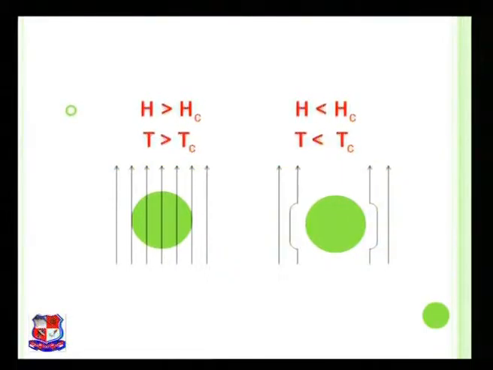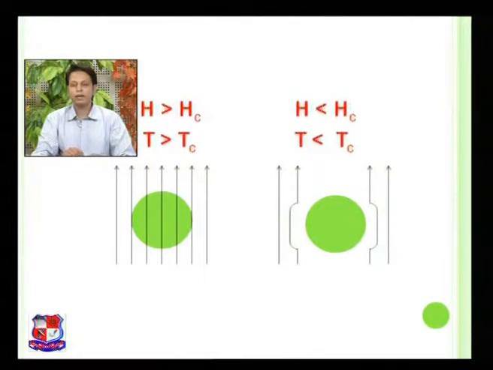When you apply a temperature below the critical temperature, the material will oppose the applied field. My friends, in this diagram the arrows represent the applied magnetic field H. Under the critical field, the material will oppose the applied magnetic field.